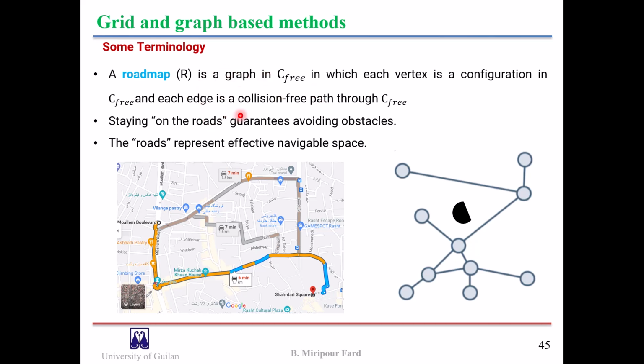In the roadmaps, staying on the road guarantees avoiding obstacles, and the roads represent effective navigable space. So if we stay on a road, we are sure that we will avoid obstacles. And here you can see a typical roadmap in the presence of obstacles.